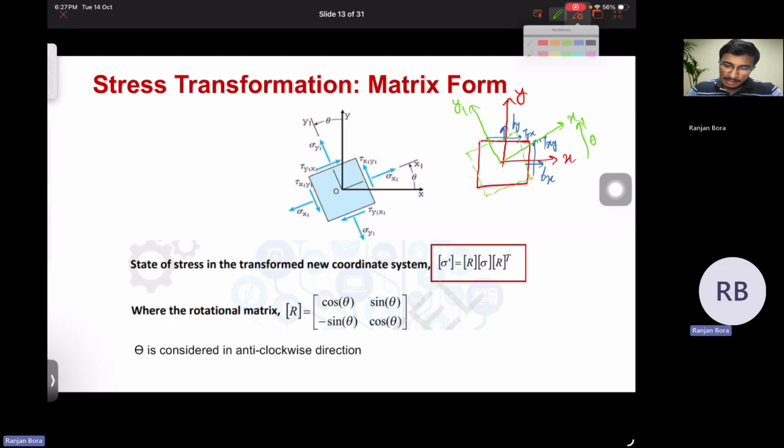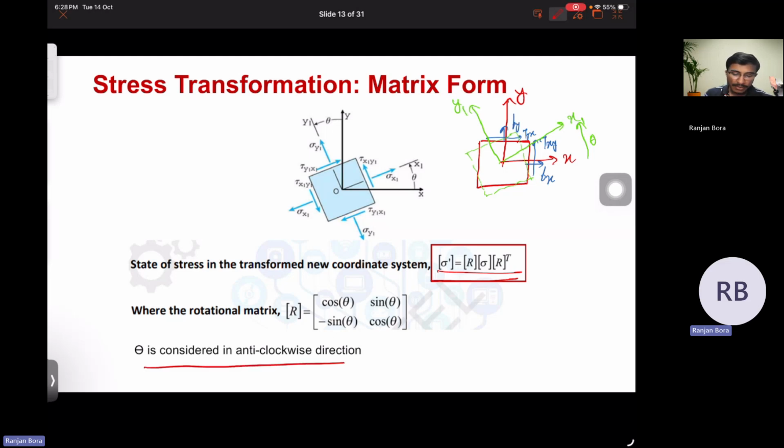So we can find the state of stress for this new coordinate system x1, y1 using this matrix equation, which is given by sigma dash equal to the rotation matrix R multiplied by the stress matrix sigma multiplied by the rotation matrix R transpose, where R is given by cos theta, sin theta, minus sin theta, cos theta.